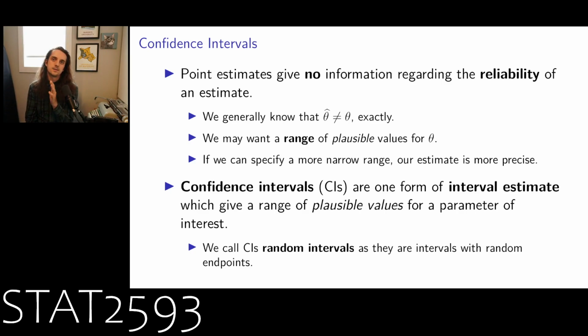We have some starting point of the interval and some ending point of the interval. Both of those are going to be estimated from random data, and because of that, these are random intervals. We're not going to know exactly how long our interval is going to be. That's going to depend on the data that we actually observe. But we're going to look at procedures for creating these upper and lower bounds.